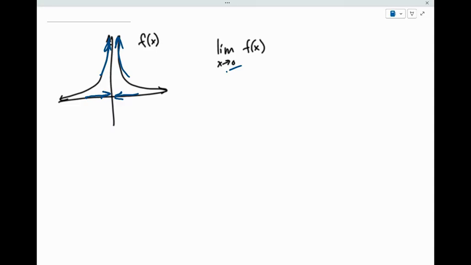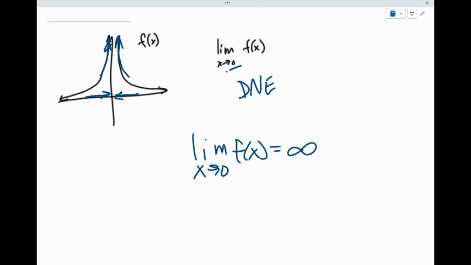Technically speaking, we currently have to say this limit doesn't exist. But just like I said, there are going to be some ways to handle one-sided limits later. We'll introduce in a later section the idea of infinite limits. Later, we're going to give a more complete answer that the limit as x approaches 0 of f of x in a case like this is infinity.